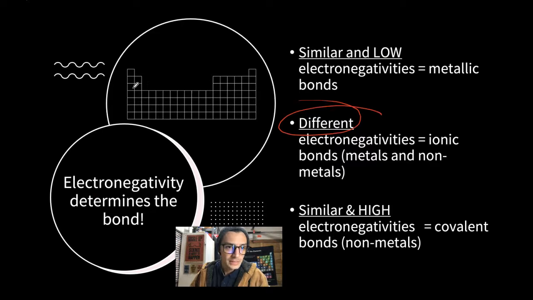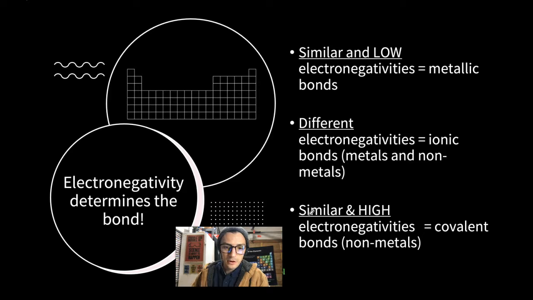Well, we already have addressed this. Let's say we get sodium, that's this guy right here, I happen to know where it is, and then chlorine over here. Actually, that's fluorine, excuse me. So, well, that works too. Sodium and fluorine, if we want to bond them together, that's going to form an ionic bond because they have different electronegativity values. They're very, very different. And we'd call this a bond between a metal and a nonmetal.